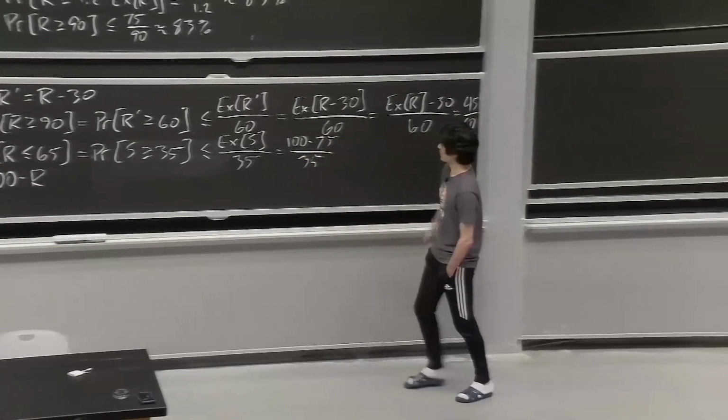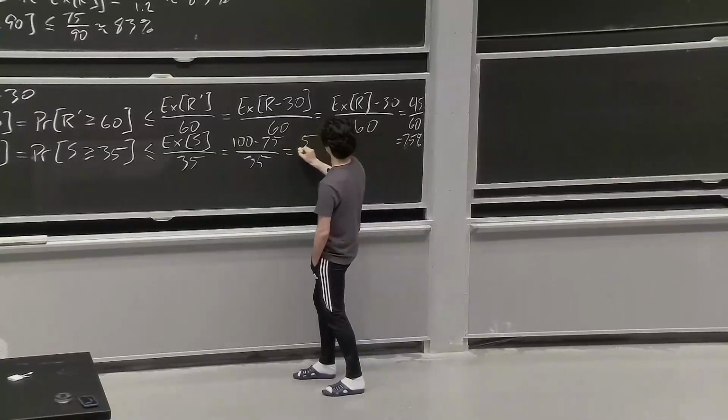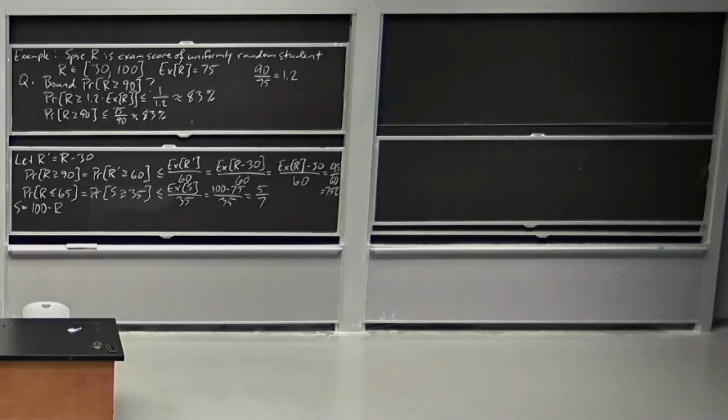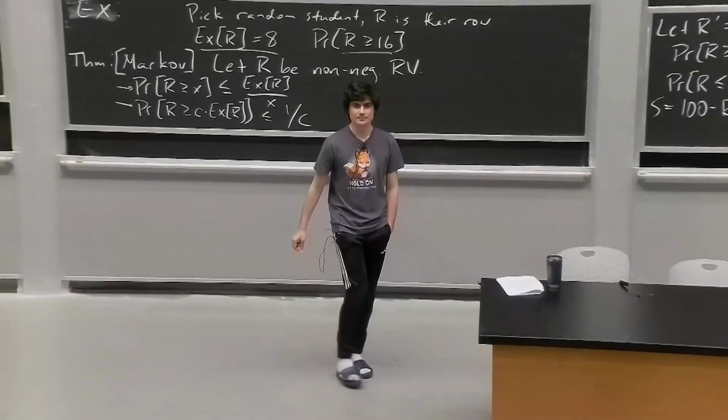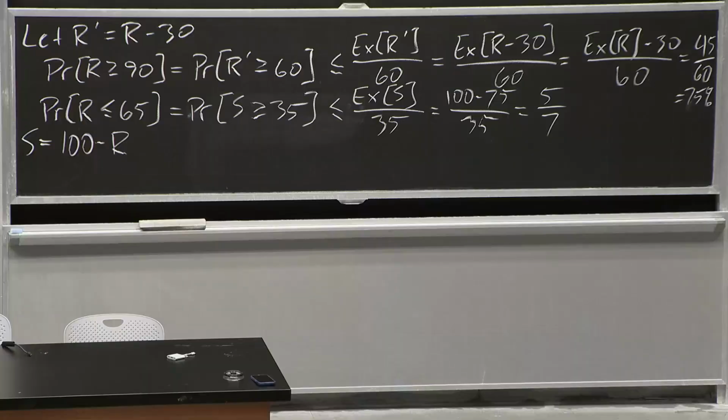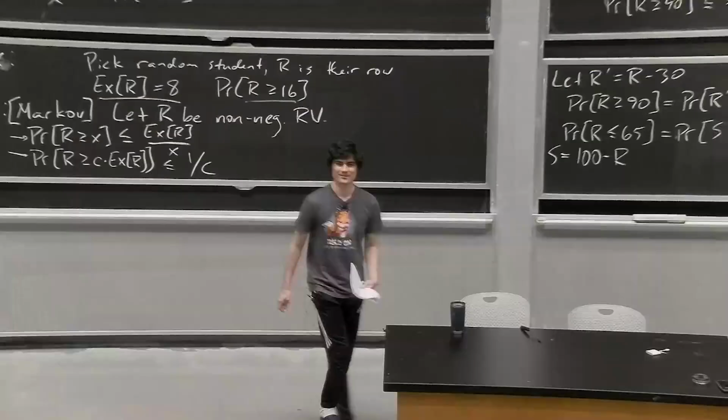So that's 25 over 35. This is 5/7. Okay? So does that make sense to everybody? There is at most a 5/7 chance that you did worse than 65.